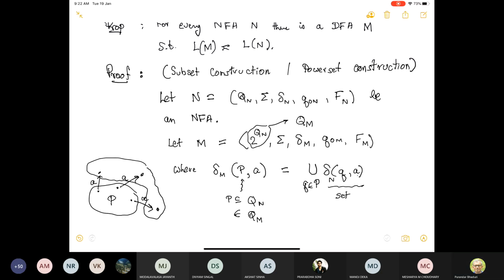So this whole thing is a set again. So this is again an element of Q_M. Any questions on this definition?